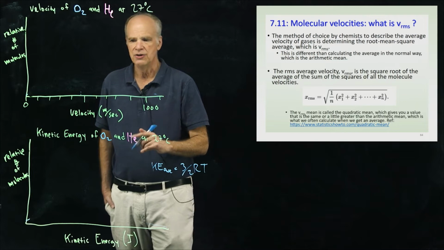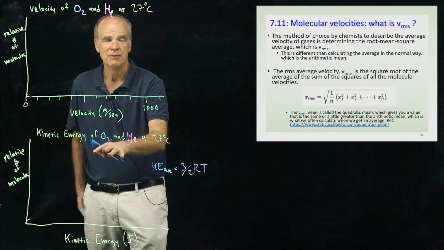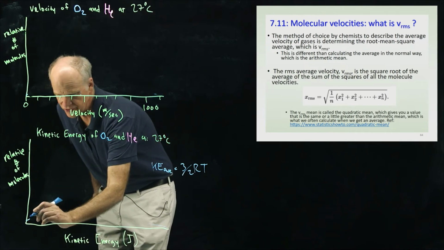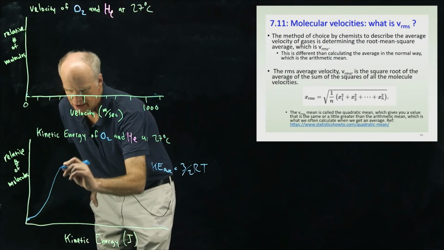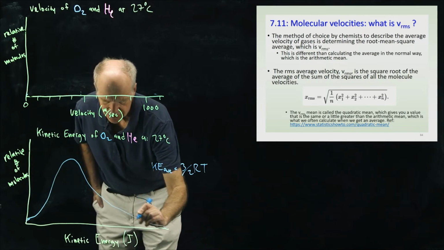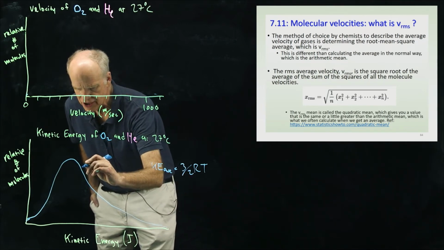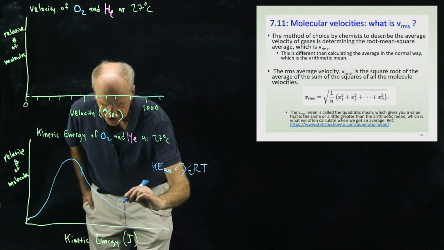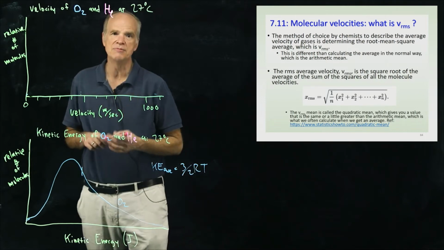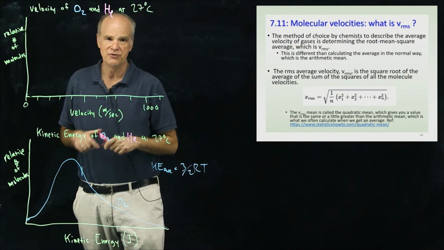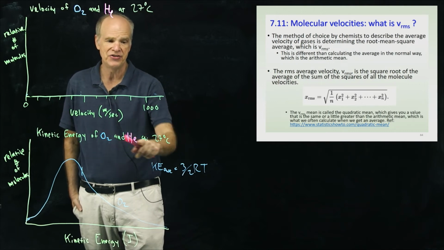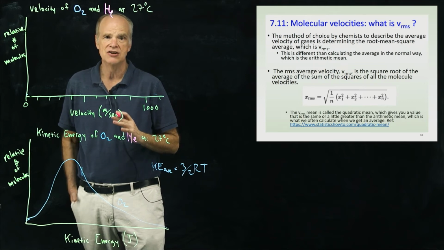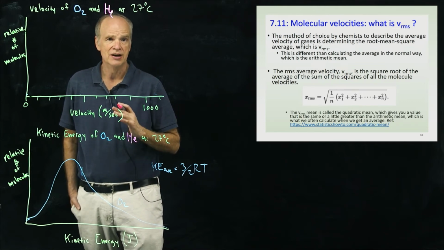Okay, so let's go ahead and plot the kinetic energies of oxygen molecules again at 27 degrees Celsius. And so it looks something like this. And so if you wanted to, you could figure out what the average kinetic energy of this population of molecules is. And so this is oxygen's curve. Now, like I was saying before, if you have a different gas, because it's at the same temperature, 27 degrees Celsius, it will have the same average kinetic energy and the same distribution of kinetic energies.